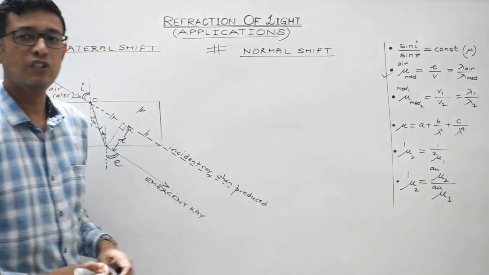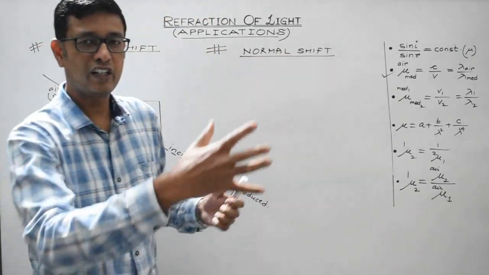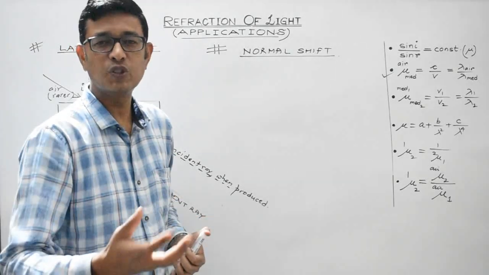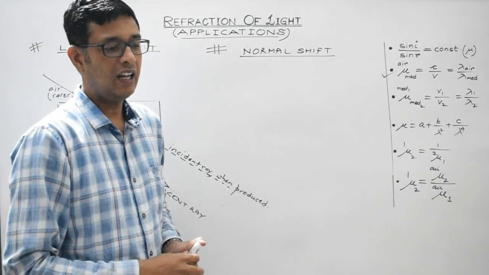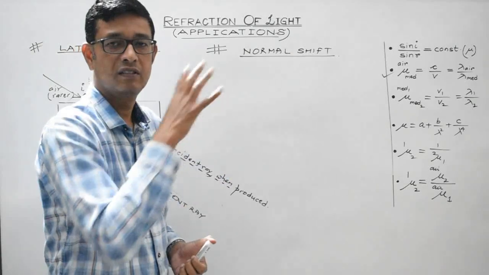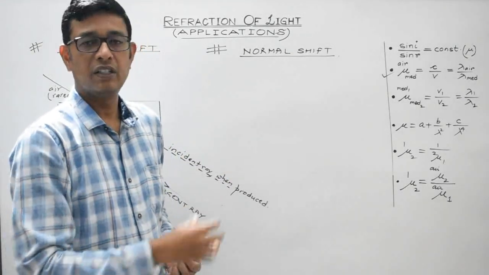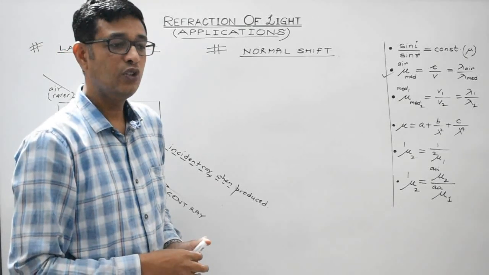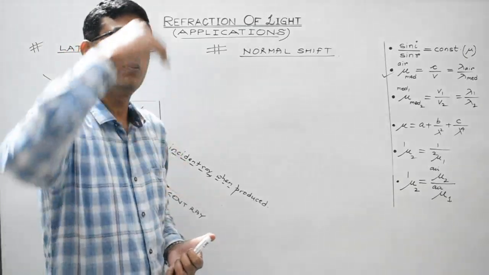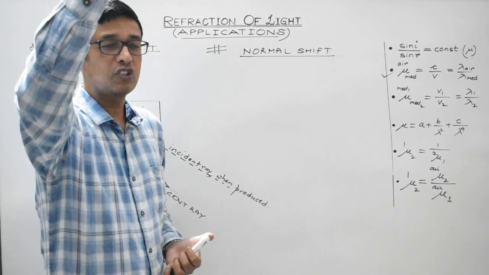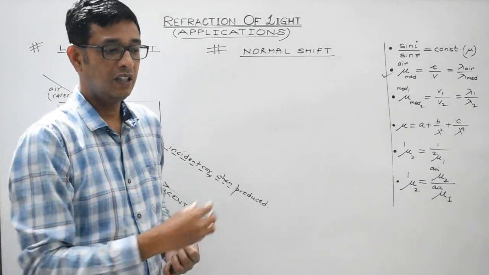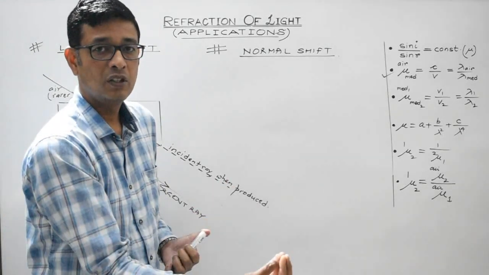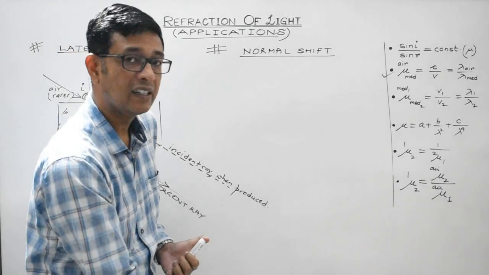Now students, you must have observed, consider a transparent water tank, and drop a coin. What will happen? It will definitely sink and reach the bottom. When you watch that coin from the rarer medium, the coin which is at the bottom will appear to be slightly raised up.